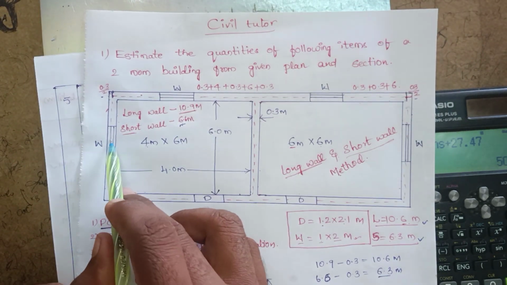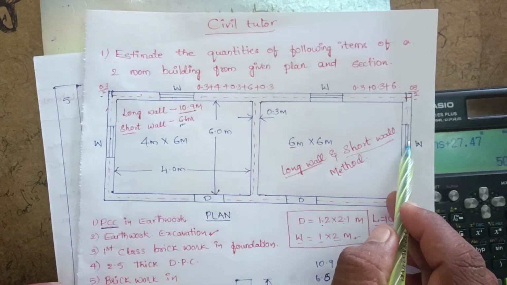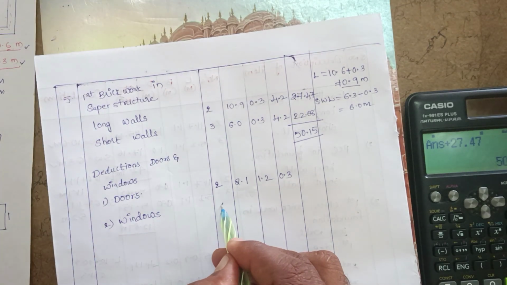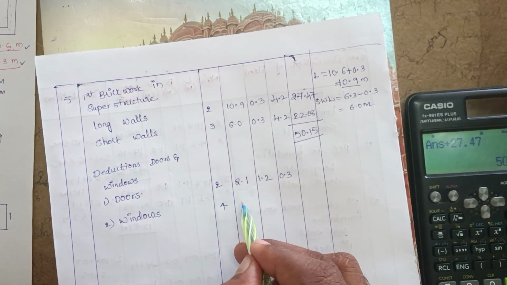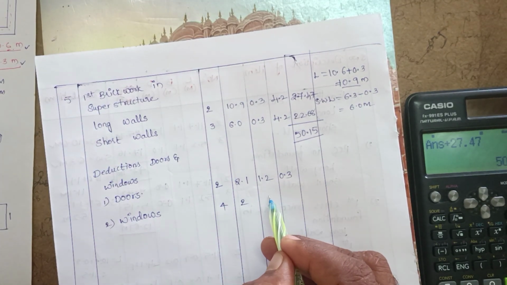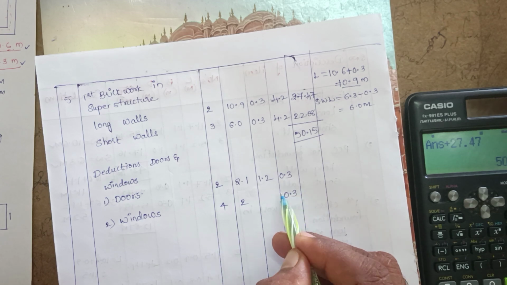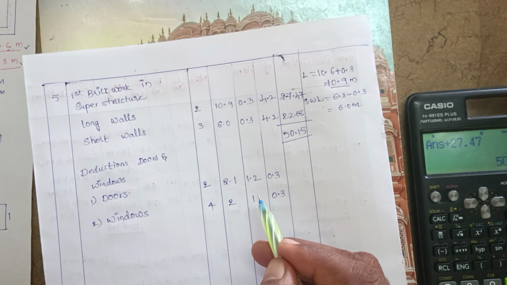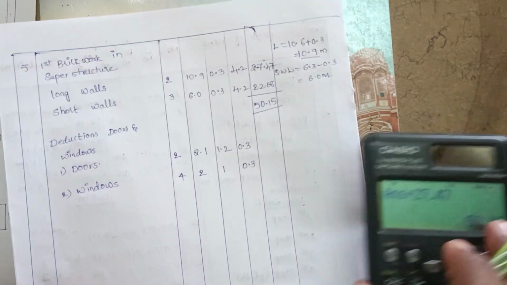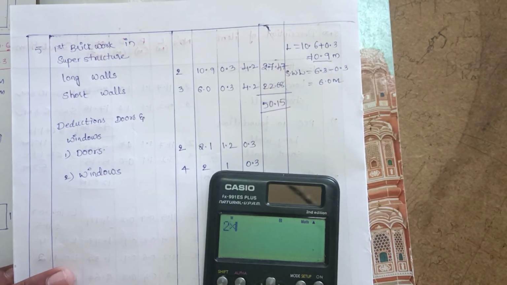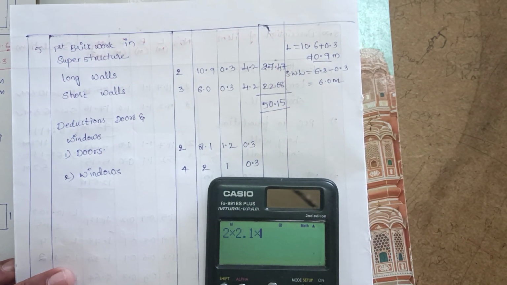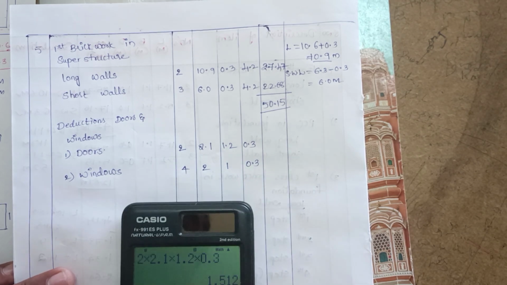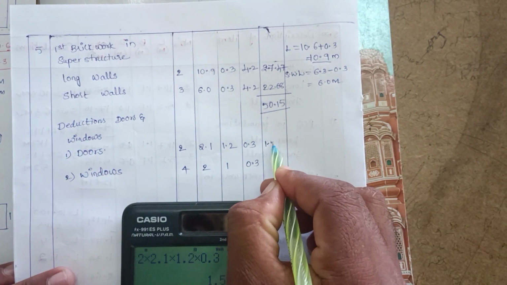Here you can see 1, 2, 3, 4. The length is 2 meters, the depth is 0.3 meters and the breadth is 1 meter. For doors it is calculated as 2 into 2.1 into 1.2 into 0.3, which is 1.512.